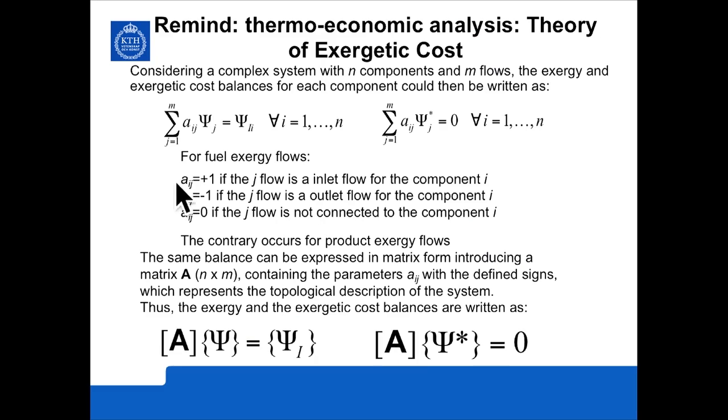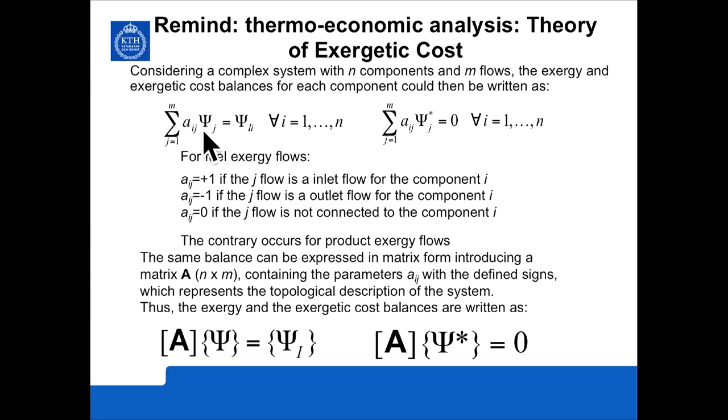So Aij is equal to +1 if the j flow is an inlet flow for the component i. Aij is equal to -1 if the j flow is an outlet flow for the component i. Aij is simply equal to 0, so it doesn't exist, if the j flow is not connected at all to the component i.